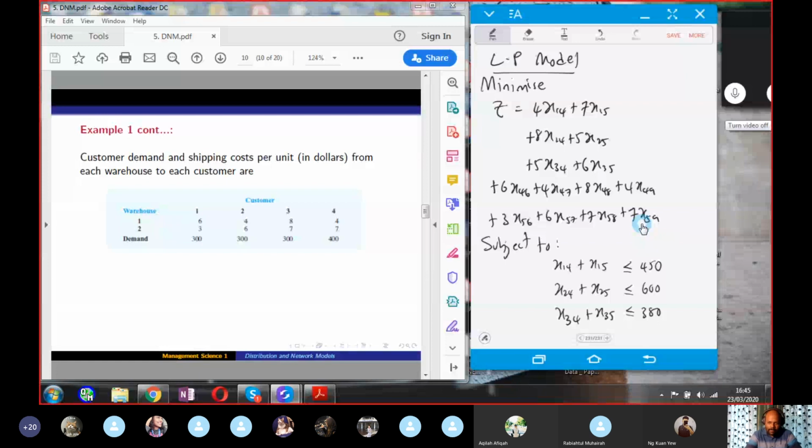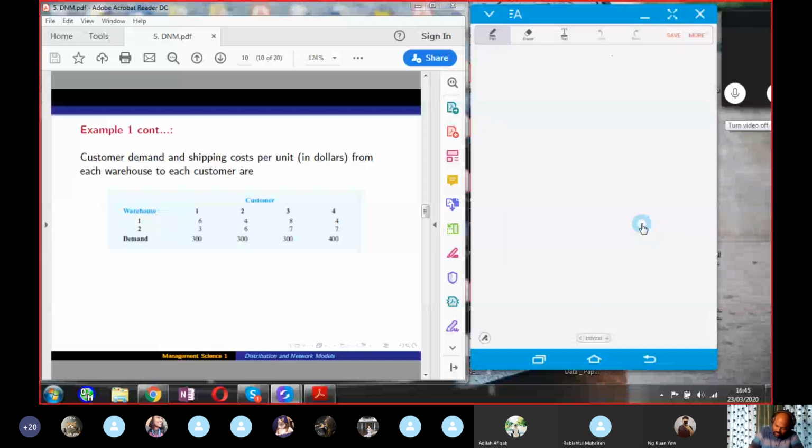Okay. Now we move on to customer demand. Well, there is 4 demand. 300, 300, 300, 400. Okay. Now, as I told you, demand cannot be less or more, so it must be equal. So you need to find out what are the quantities goes inside the demand. For customer 1, x46, x56.